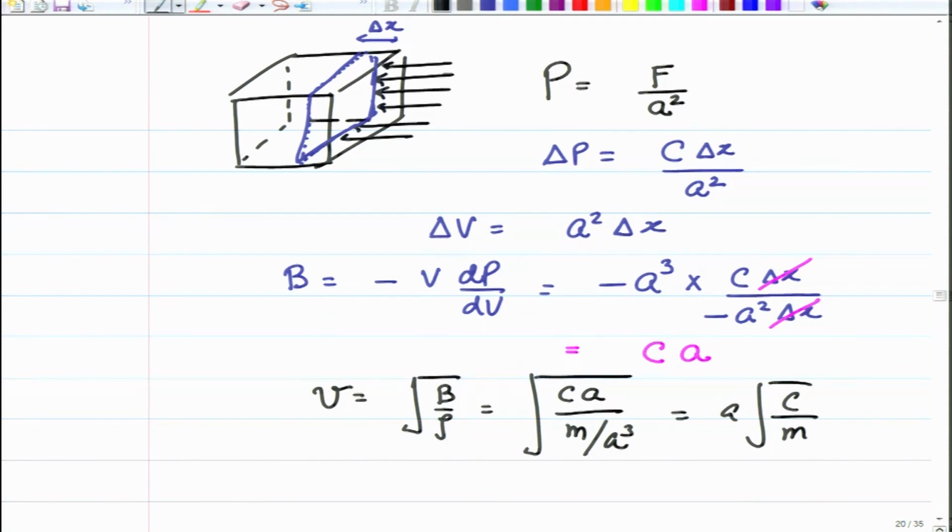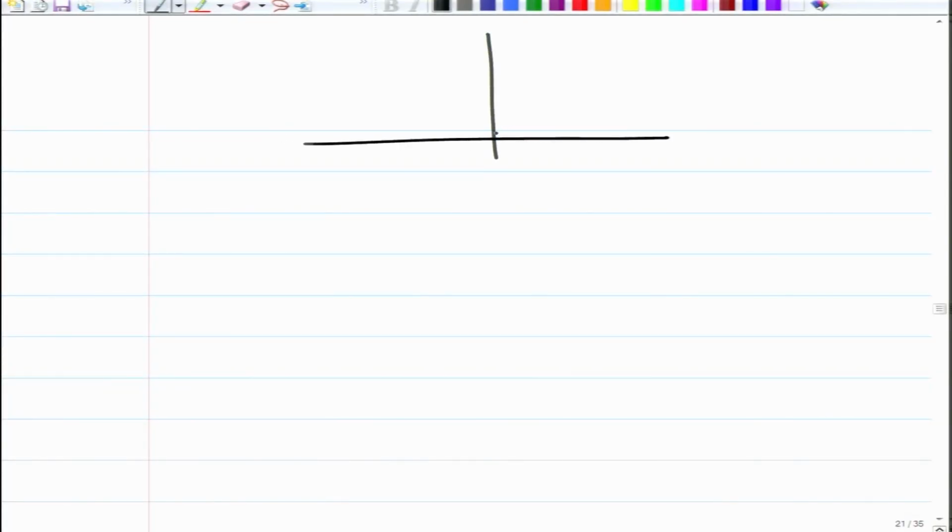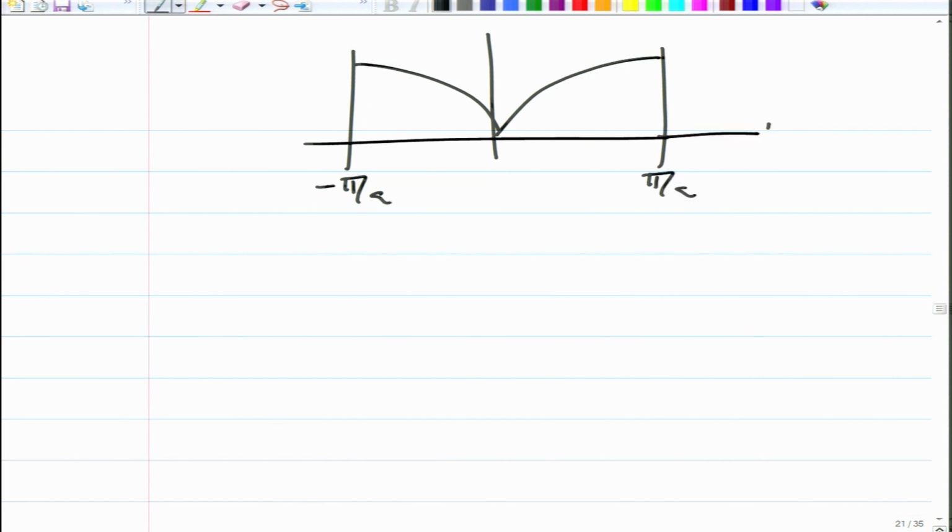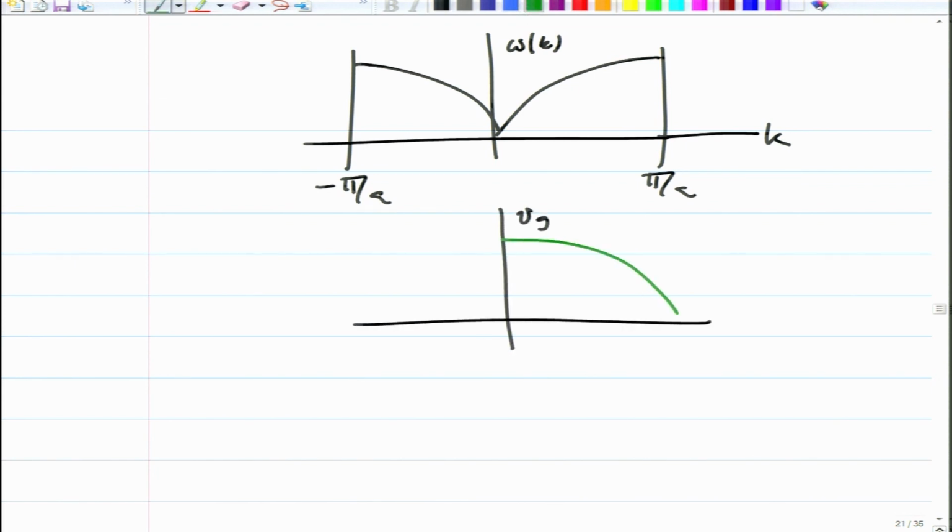So, what I have shown you indeed corresponds to the speed of sound. So, low k or large lambda modes in a solid describe the propagation of sound in that medium, and given this omega versus k behavior, minus pi by a, this is k, this is omega k, and the group velocity Vg goes down at these points, right.